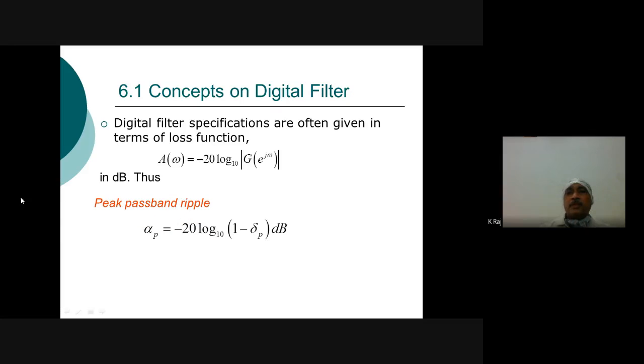The peak pass band ripple, that is alpha p, can be described as minus 20 log10 of (1 minus delta p) in dB. This is known as the peak pass band ripple in dB. Similarly, the minimum stop band attenuation, that is alpha s, may be described as minus 20 log10 of delta s, and it is described in dB.